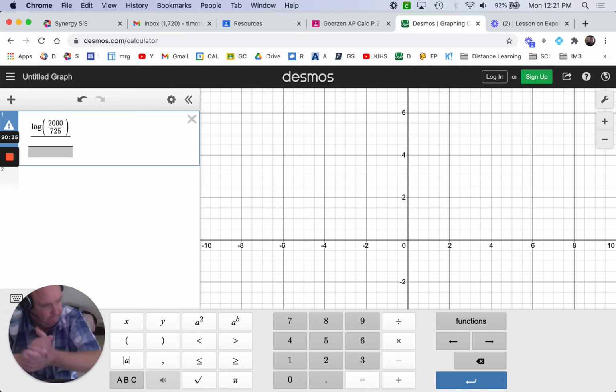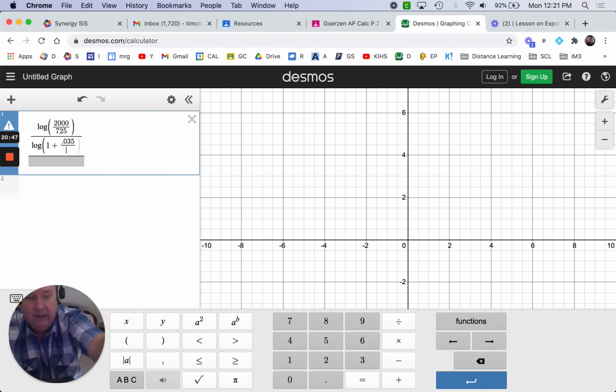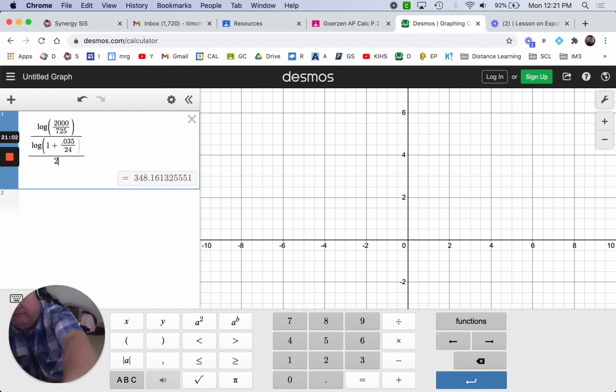Divided by a log, and inside that log will be 1 plus 0.035 divided by 24. Move the cursor, and then divide that by 24.